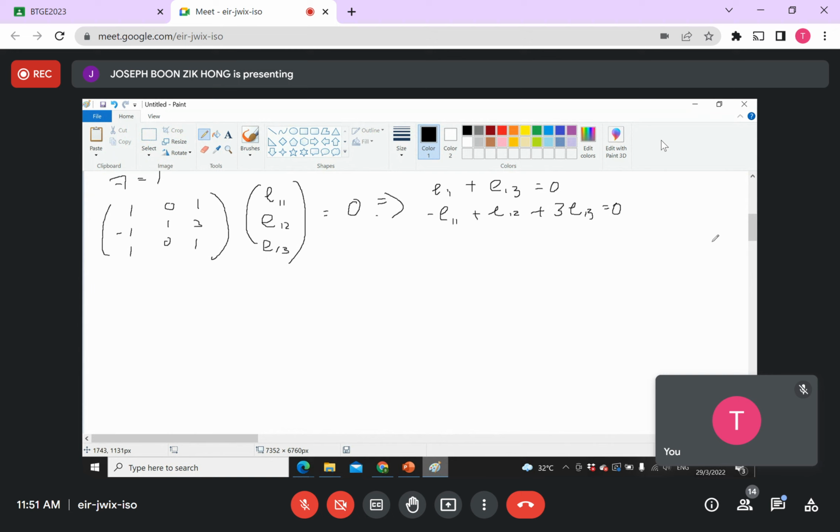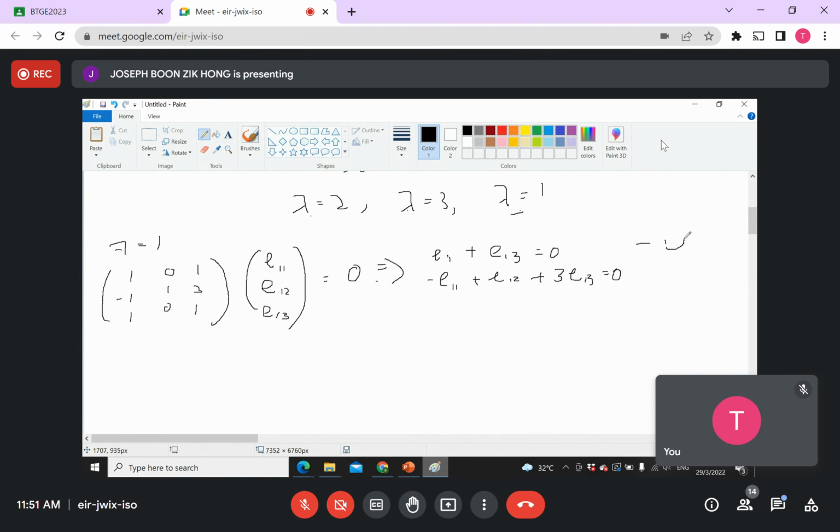So from the first equation, I get e11 is equal to negative of e13. So you substitute this into here. We try to get everything in terms of one of them, maybe e11, maybe e12, maybe e13. This one seems we make everything in terms of e13.